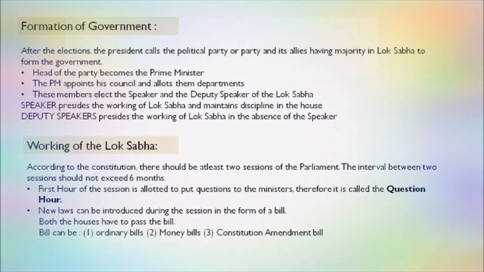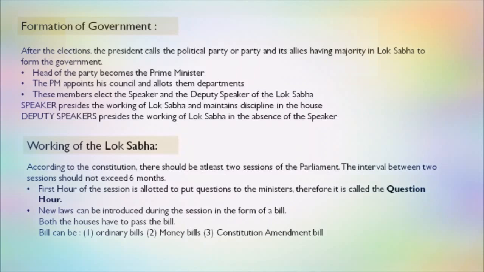The head of the party becomes the prime minister, and he appoints his council and allots them departments in the government. These members elect the speaker and the deputy speaker of the Lok Sabha.